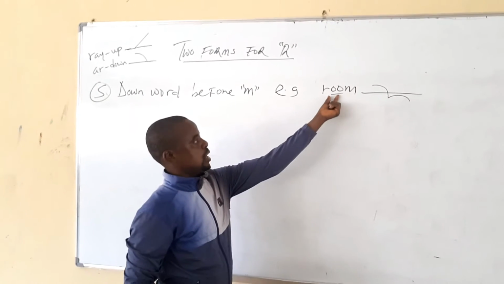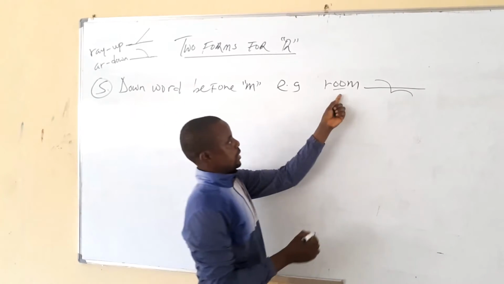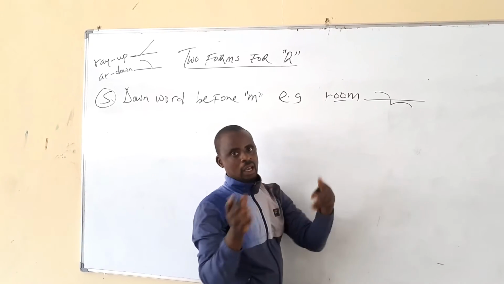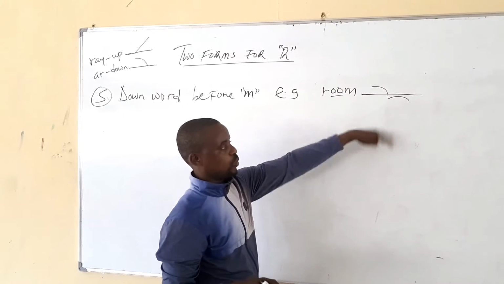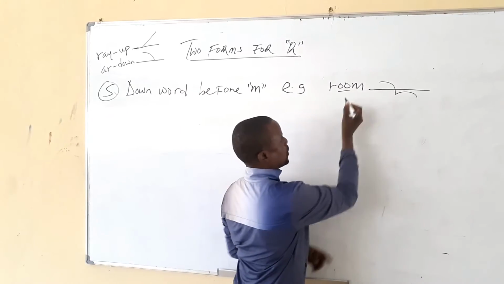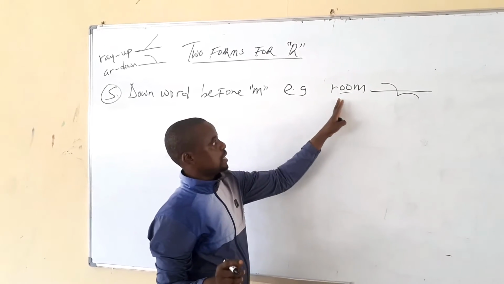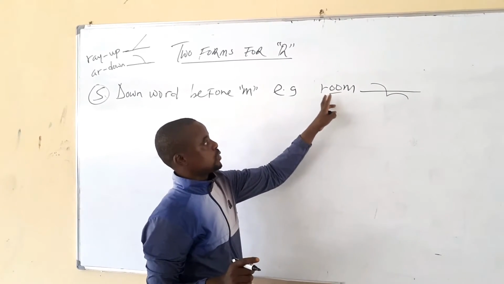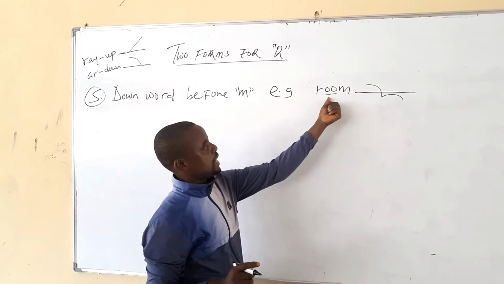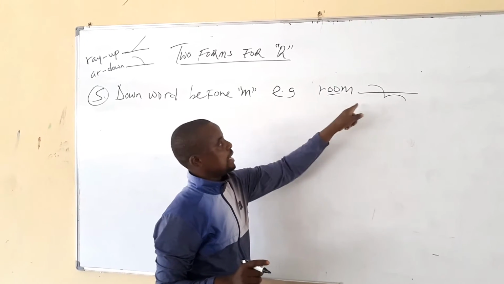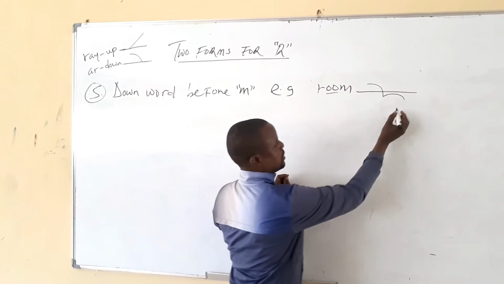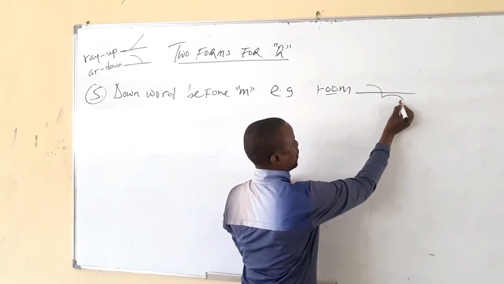because this is room, this is long U, and that is a flexible. That is why you can see our outline is through the line. Don't forget the principle said that when a flexible comes between two strokes, we are going to place the vowel sign inside the foundation of the second stroke. This means that it is here, room.